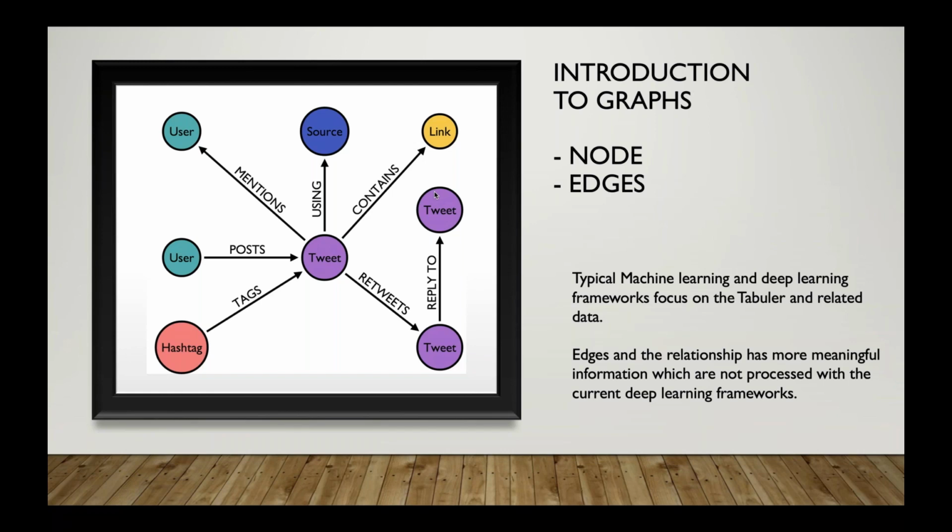of representation. We all are familiar with tabular representation, and the majority of the machine learning models we are looking at predominantly utilize the tabular representation of the data for processing. But the disadvantage of tabular representation is that some of the important relationships represented in the graph are missed out.